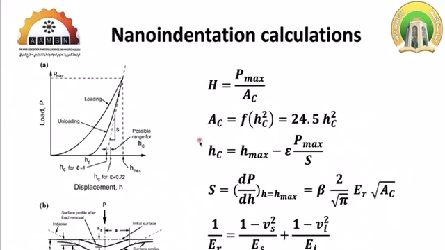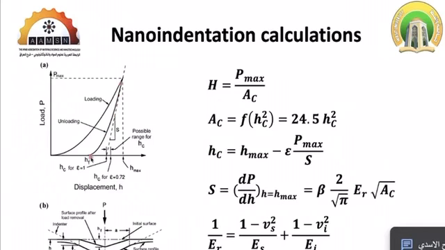The key point of this equation is S, which is the contact stiffness. Contact stiffness is the first thing that we need to get before starting our analysis. The contact stiffness, S, can be determined by getting the slope of the initial portion of the unloading segment.